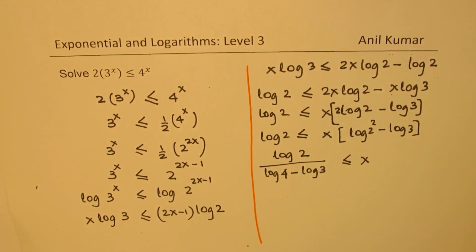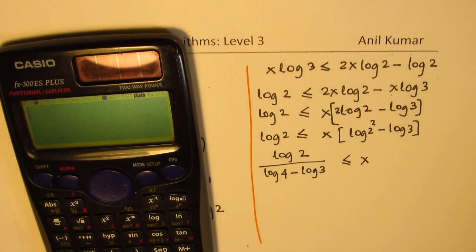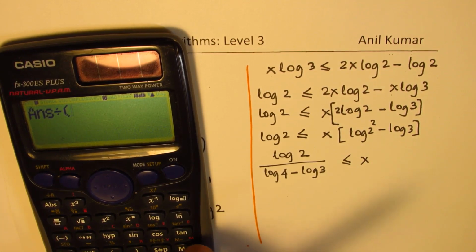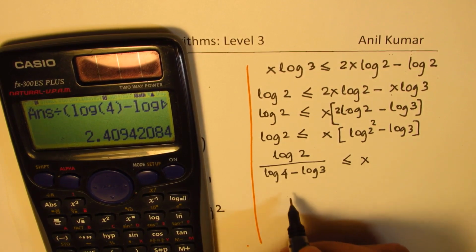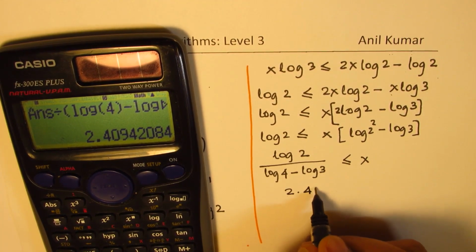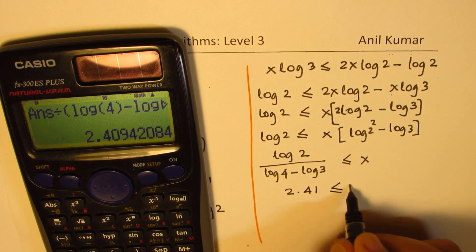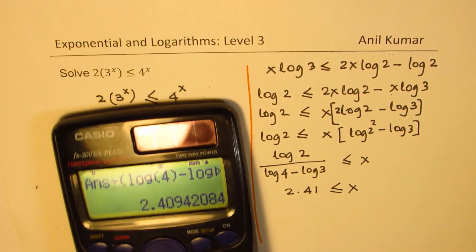Now if the calculator is allowed, then you can always check the value. So we have here log of 2 divided by, within brackets, log of 4 minus log of 3, which is equal to approximately 2.41, right? So that becomes the answer for the given question.